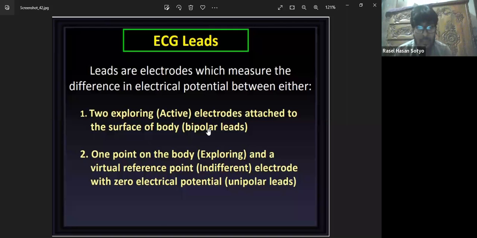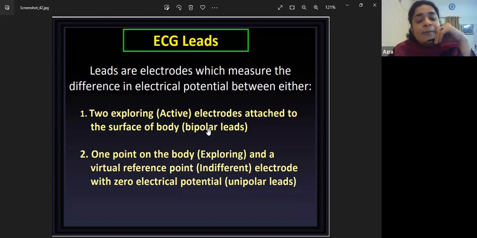Bi means 2. Because it has two sides, positive and negative, cathode and anode, right? Cathode and anode, positive charge and negative charge.